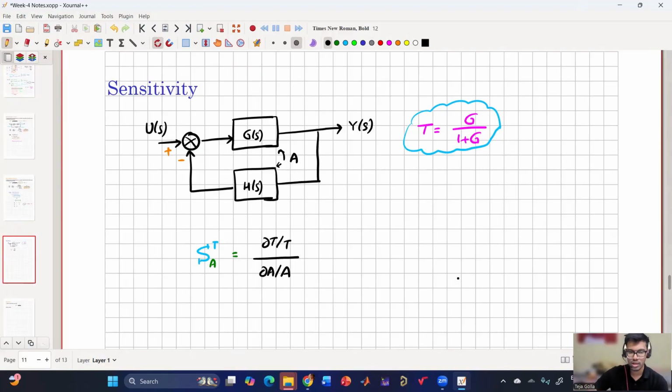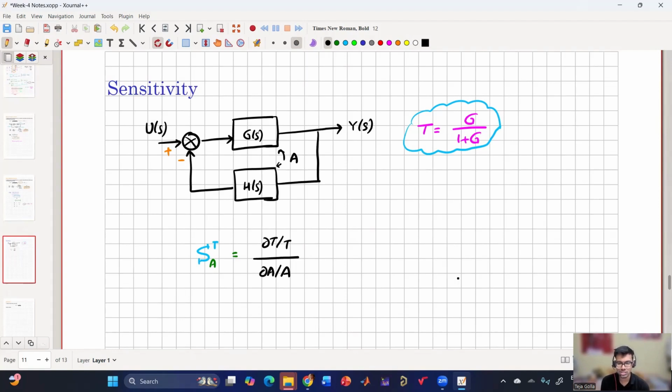This is a definition. In the given closed loop system, there is a parameter that is varying. Sensitivity is nothing but how sensitive the overall closed loop system is with respect to the parameter. So sensitivity is defined as dou T by T, where T is the closed loop transfer function, and dou A by A is the parameter change.